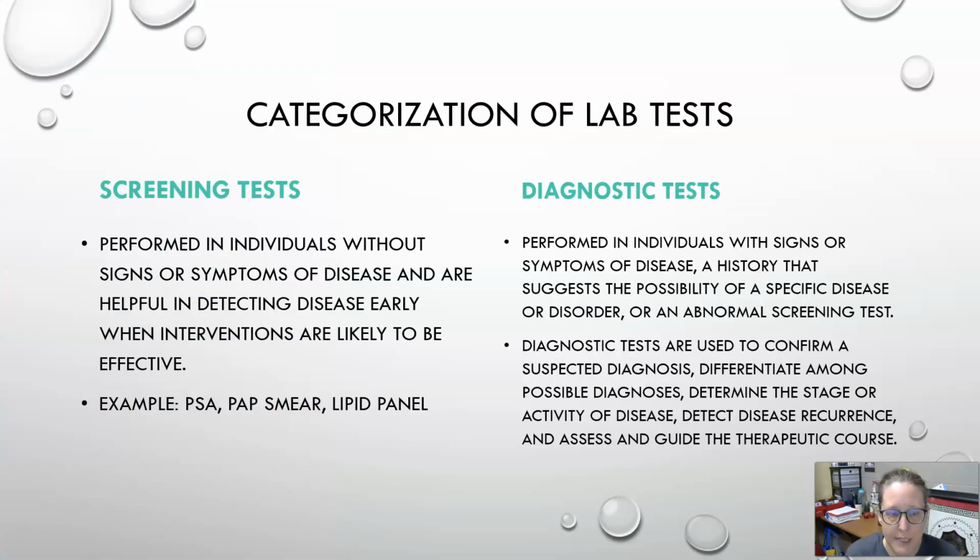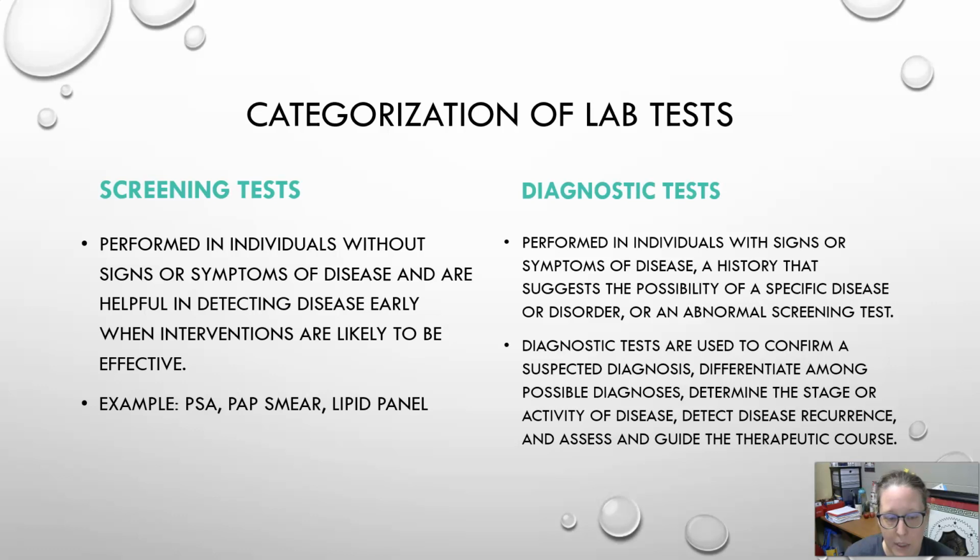Lab tests are categorized as either screening tests or diagnostic tests. Screening tests are generally performed in individuals without signs or symptoms of a disease, and they are helpful in detecting the disease early when interventions are likely to be effective. An example would be screening men over 50 with the prostate-specific antigen, the PSA test, to detect maybe early occurrences of prostate cancer.